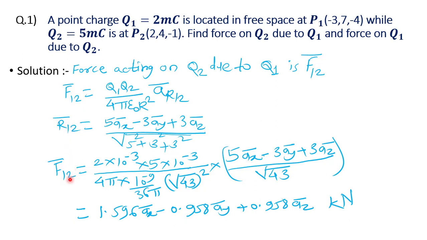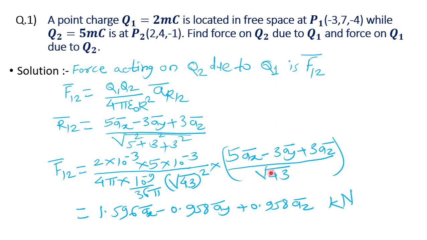Now the force 1 to 2 can be written as Q1. So Q1 value is 2 millicoulomb, so it can be written as 2 into 10 raised to minus 3, into Q2. Q2 is 5 millicoulomb, so 5 into 10 raised to minus 3, upon 4 pi. Epsilon naught can be written as 10 raised to minus 9 upon 36 pi, into R square. Therefore it is square root of 43 square into aR12, and aR12 is 5ax bar minus 3ay bar plus 3az bar divided by root 43.